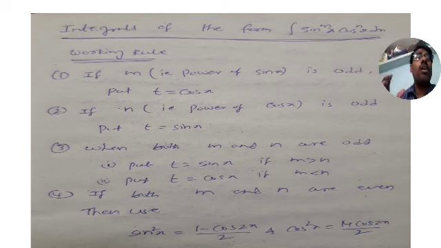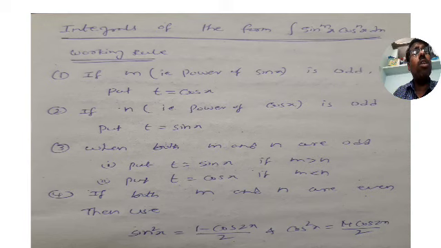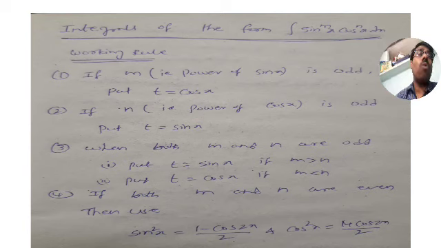So this is the procedure to find the integrals of the form integration sin power mx into cos power nx dx. Today we are going to solve many problems of this form, and we are going to give a few problems for homework. It is a very important method for 5 marks. Read the procedure, that is, read the working rule, the 4-step process.